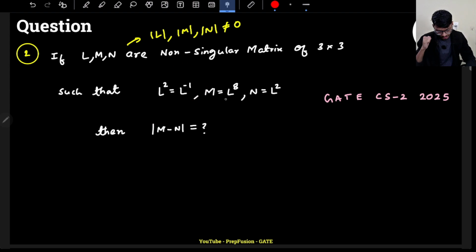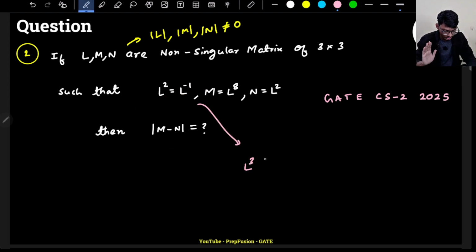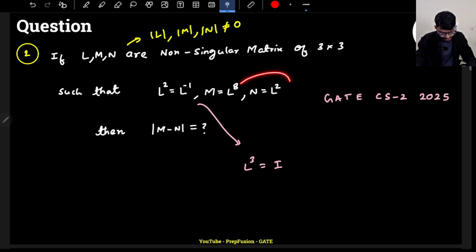Then the determinant of M minus N will be, you just have to do a bit of manipulation, that's it, nothing else. Here I know L square equals L raised to power minus 1, so if I multiply L on both sides, post or pre-multiply, it doesn't matter, L cube will be I, because L inverse times L is simply I. Now L cube is I, N is L square, and M is L raised to power 8.